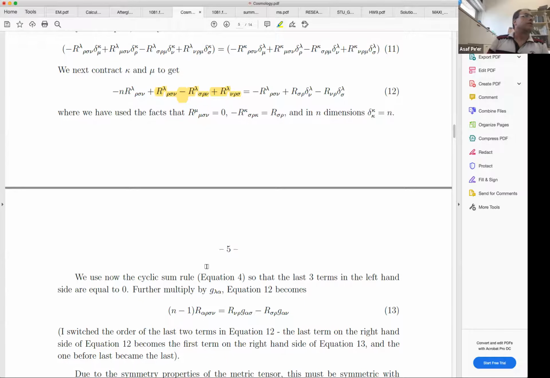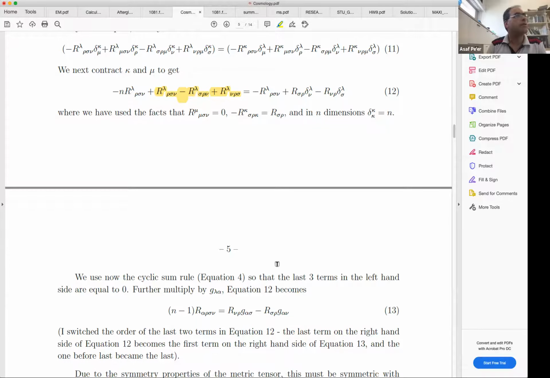So I end up with an n times R. Since I multiplied by g lambda alpha, then it's an n times R alpha rho sigma nu, and here I have a minus 1 R alpha rho sigma nu. That's the n minus 1. And then these two terms are just these terms moved to the other side. So a minus will turn into a plus, so it's R nu rho. And then I have a delta sigma lambda times g lambda alpha, so that's g alpha sigma.